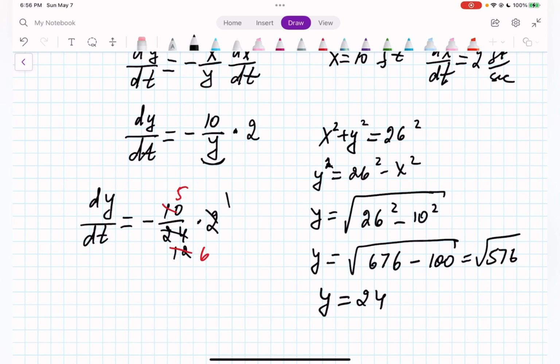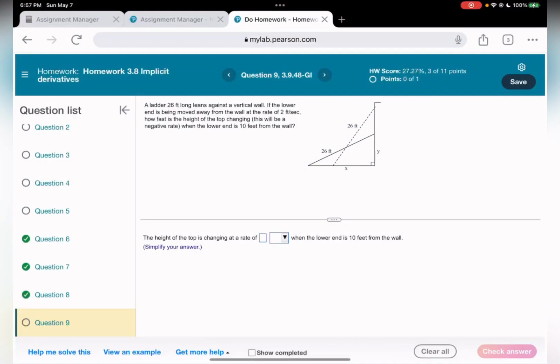So our result is dy by dt equals negative 5/6. What does that mean? The height of the top of the ladder is changing at a rate of negative 5/6 feet per second, because it's sliding down, right? Let me place the answer.